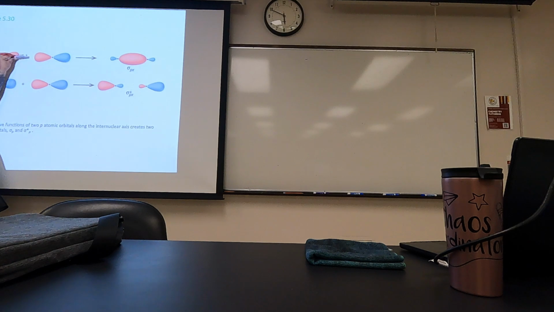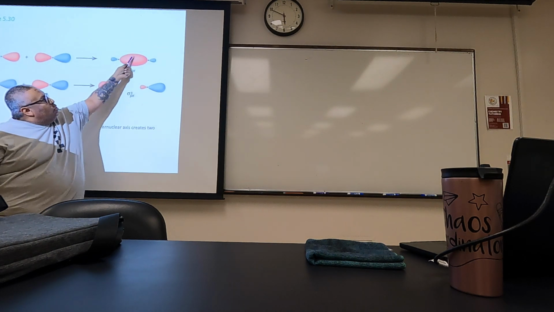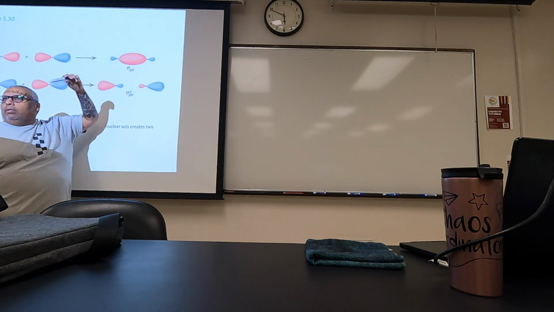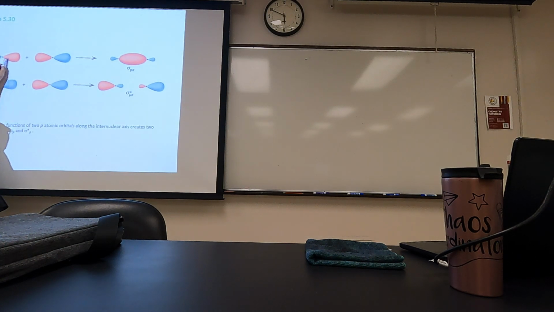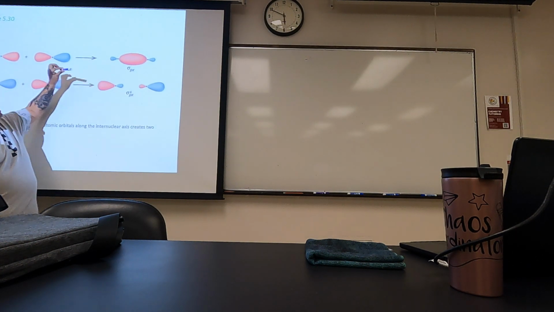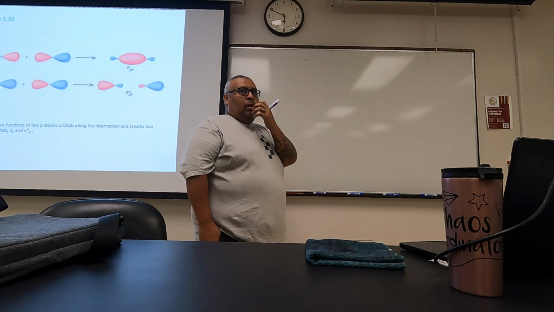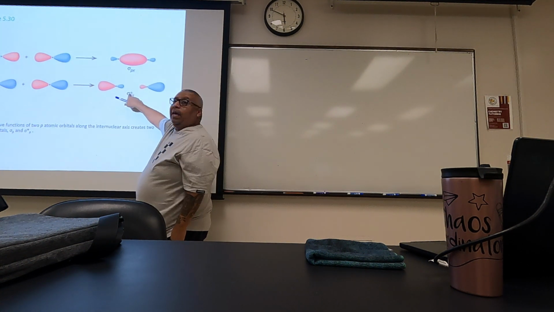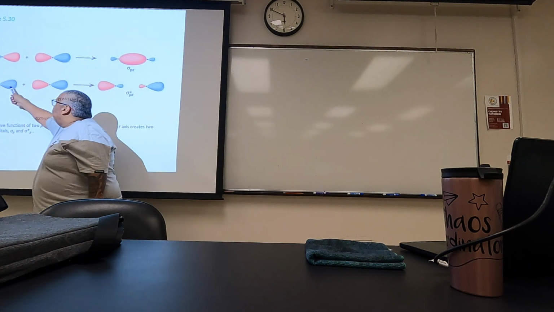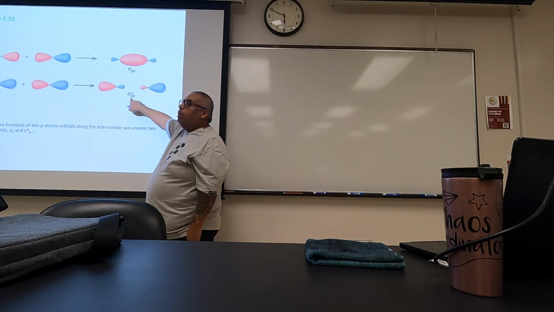So if we add this and this, if these two meet up, we can see that this is going to cause some large area of bonding, some electron density here. So this is constructive, and we have our bonding orbital, right? This is a bonding p, right? Because this is a p orbital, this is a p orbital, but end on end, it is sigma. So this is our sigma px bonding orbital. And this denotes anti-bonding, right? These orbitals are different, and we're going to have some anti-bonding orbital here.